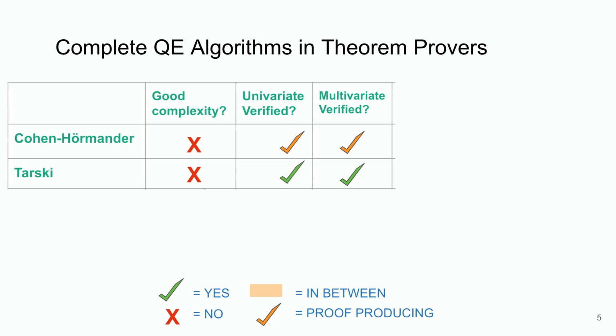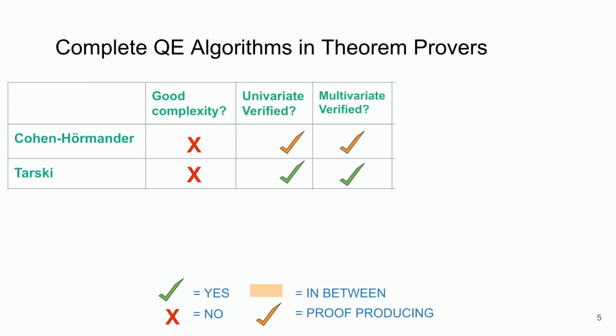This was done by Sean McLaughlin and John Harrison in HOL Light. By proof-producing, I mean that it takes a QE problem, produces an answer, and a proof that that answer is correct. So this loses some efficiency compared to just verifying the Collins-Hörmander algorithm. There's also a verified version of Tarski's original algorithm in Coq by Assia Mahboubi and Cyril Cohen.